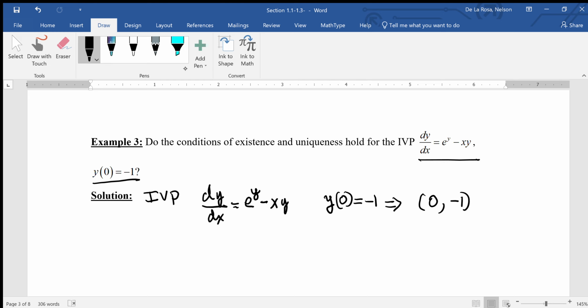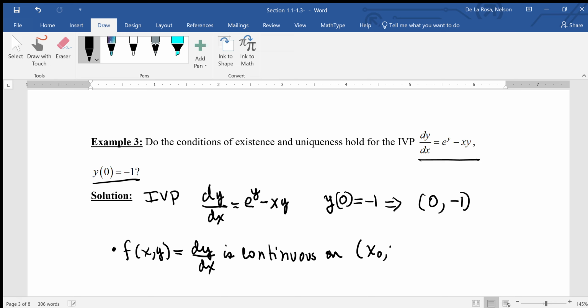Well, the first condition is that f of x, y equals dy/dx is continuous on a region containing (x sub 0, y sub 0), right? And this condition is known as existence.